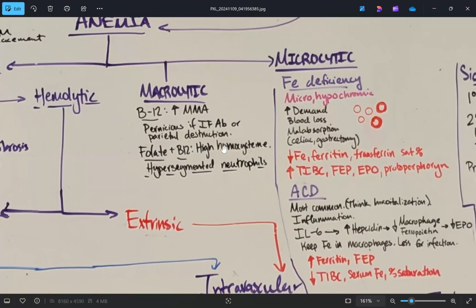For both folate and B12 deficiencies, you will have a high homocysteine in your labs as well. And then obviously just low folate and B12, depending on which, but low B12 will also lead to low folate. If you also have neuro symptoms, you'll most likely think B12 deficiency.